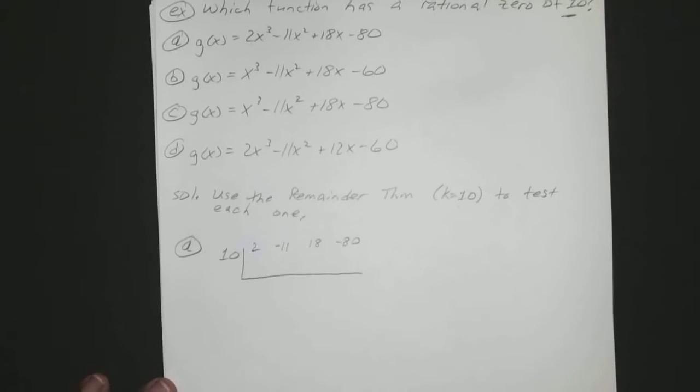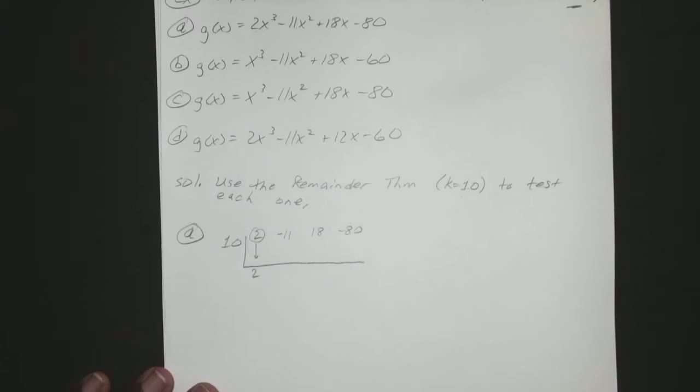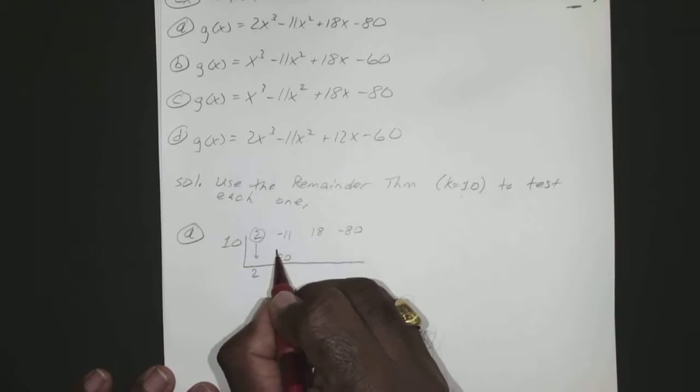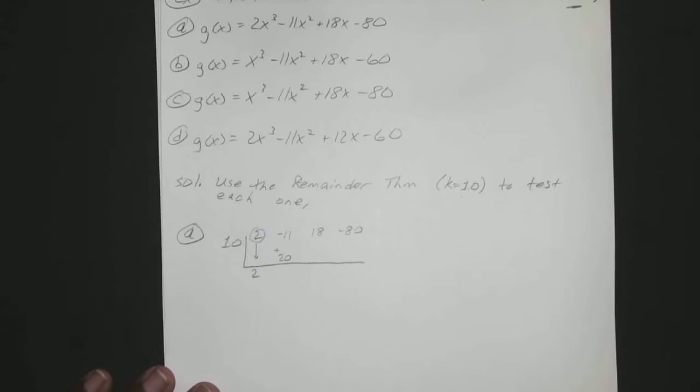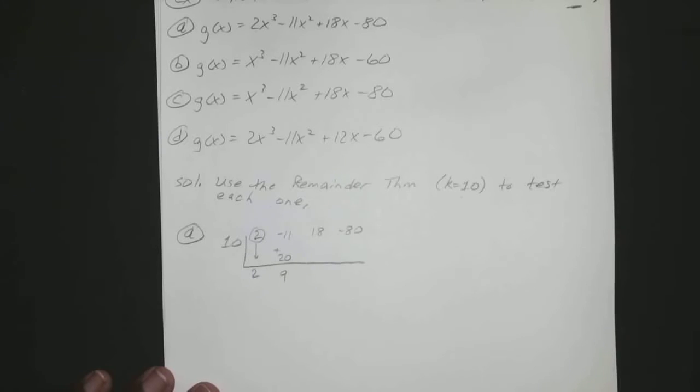Okay. So remember your first step is you're going to bring down your first coefficient. So you're going to bring down the 2. 10 times 2 is 20. So you put 20 up here, add it together. Negative 11 plus 20 is 9. So bring the 9 down here.